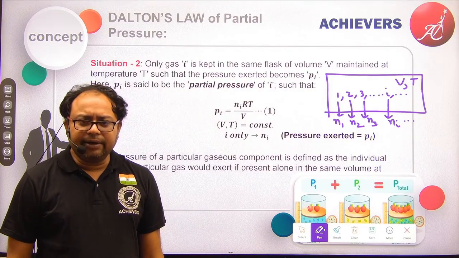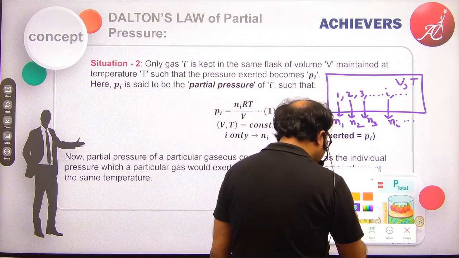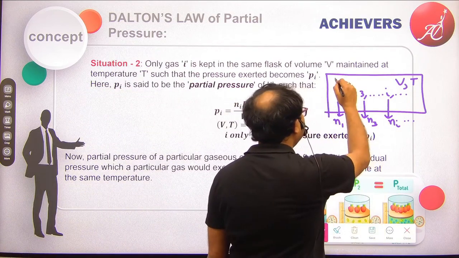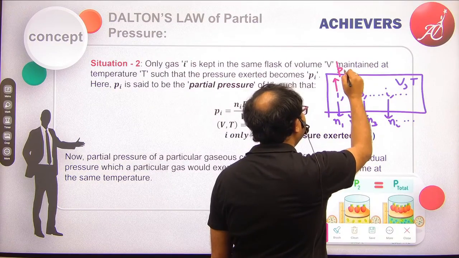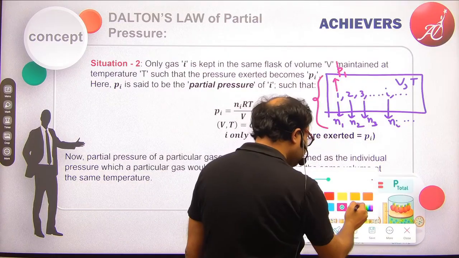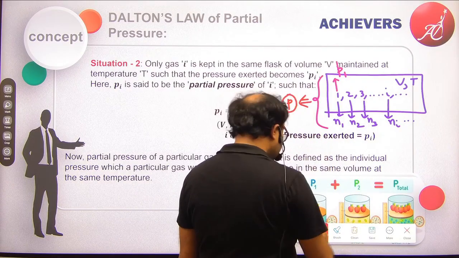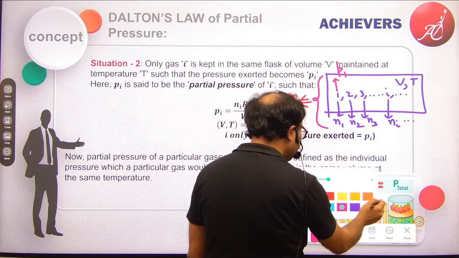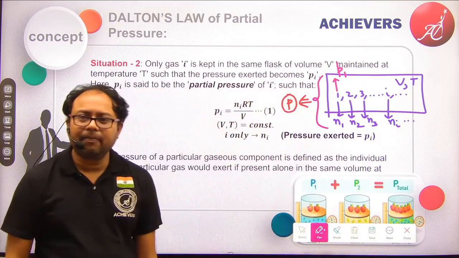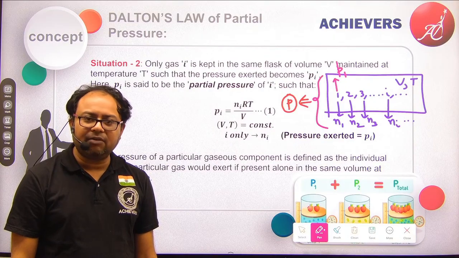Now what contribution would gas 1 make? Gas 1 would make a contribution of P1 towards the total pressure. What is the total pressure? The total pressure is thought to be capital P. So gas 1 would make the contribution of P1. What is P1? P1 is the partial pressure of gas 1.